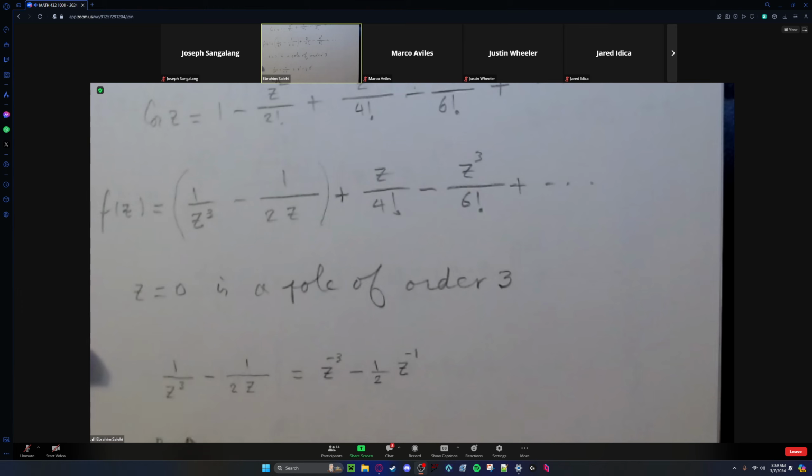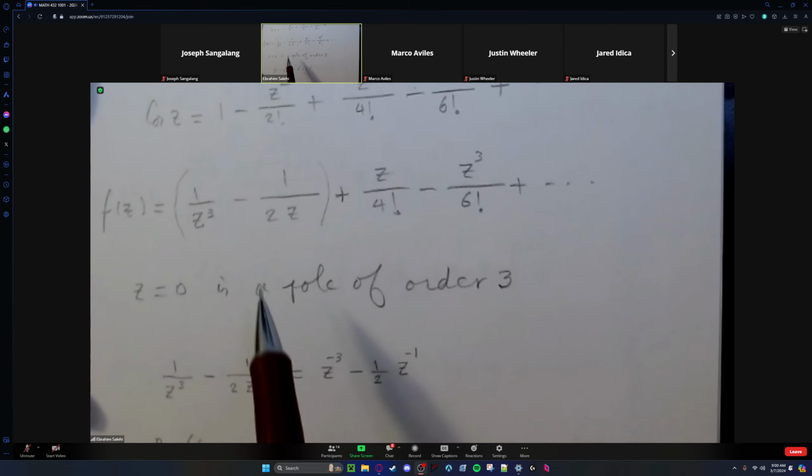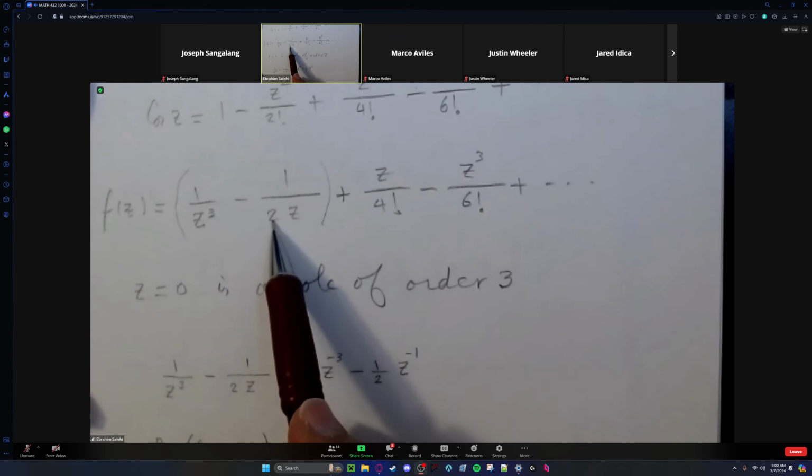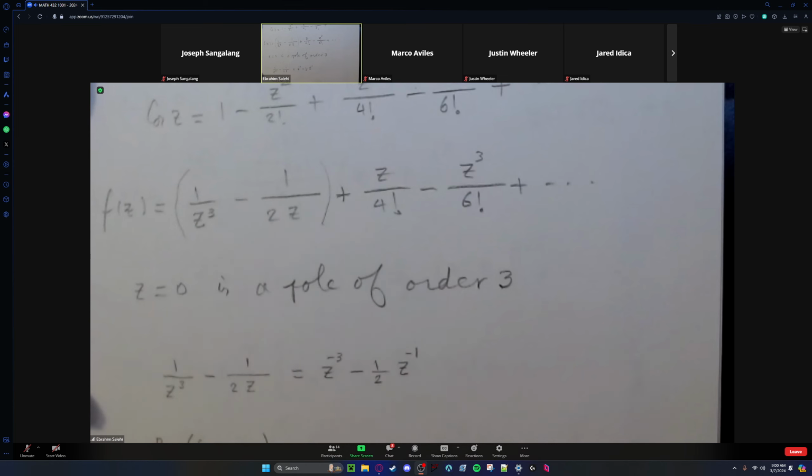So the residue of this function, f of z, at z equals 0, is the coefficient of 1 over z, which is negative 1 over 2.